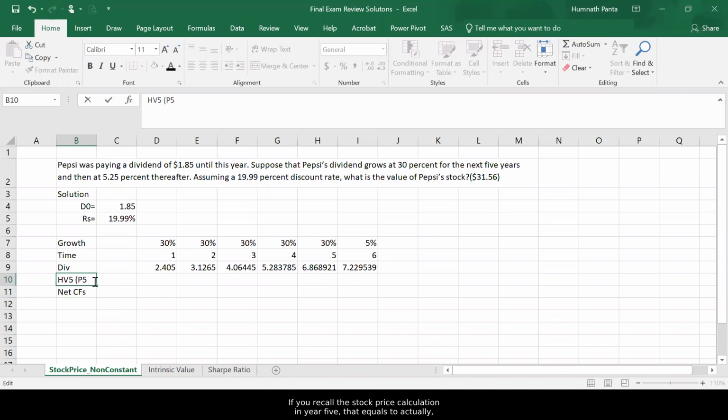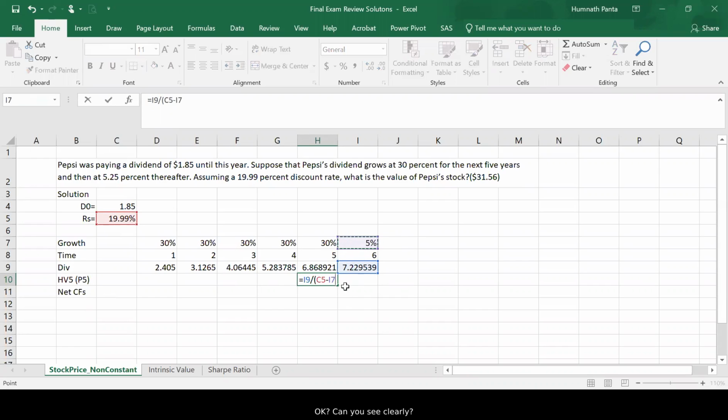If you recall the stock price calculation in year 5, it equals your dividend in year 6 divided by the required return RS minus the growth rate.